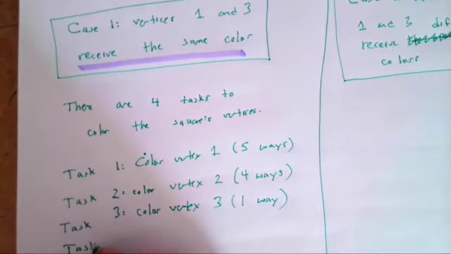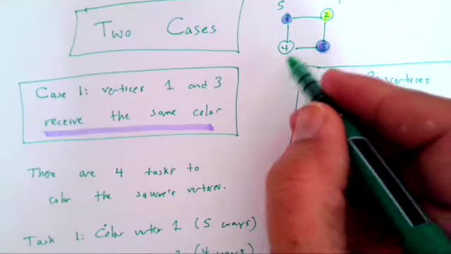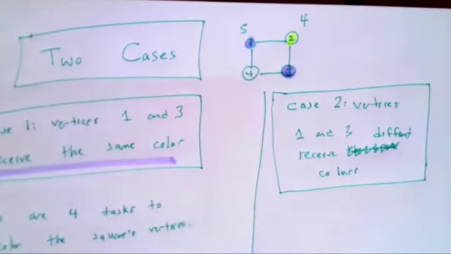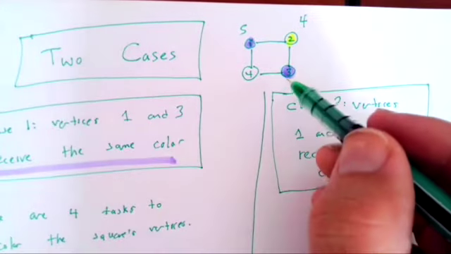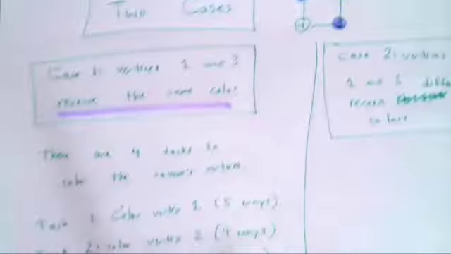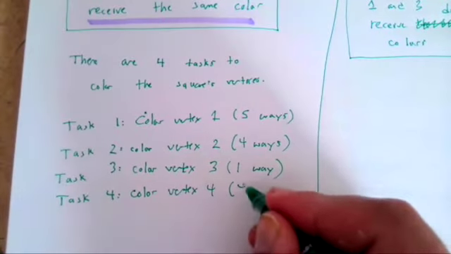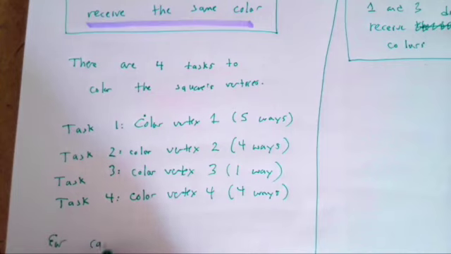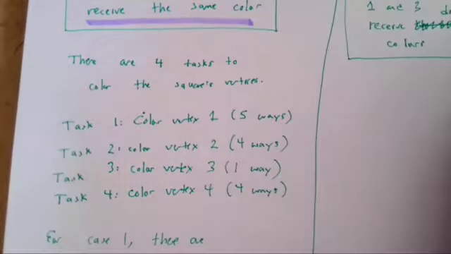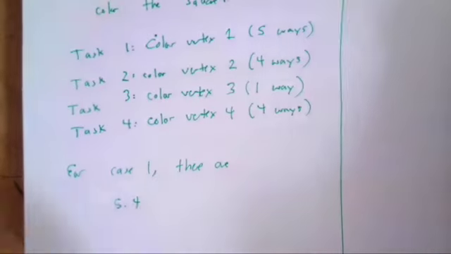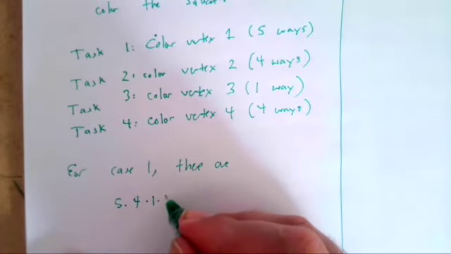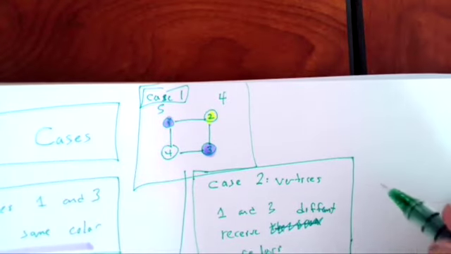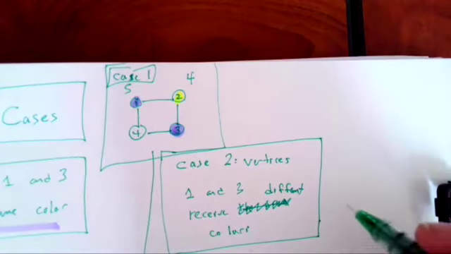Task 4 is to color the last vertex, vertex 4. There are 4 ways because the only color that I can't use is whatever I used for vertices 1 and 3. So for case 1, there are 5 times 4 times 1 times 4 ways.